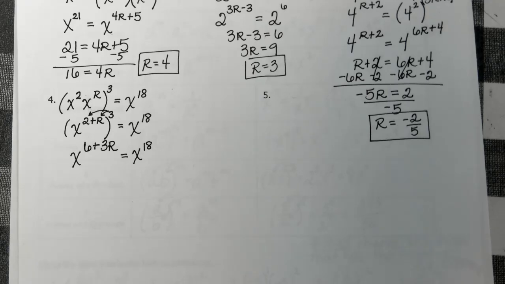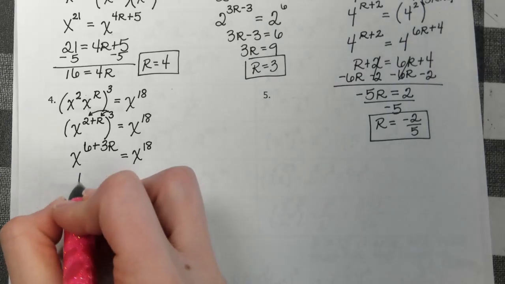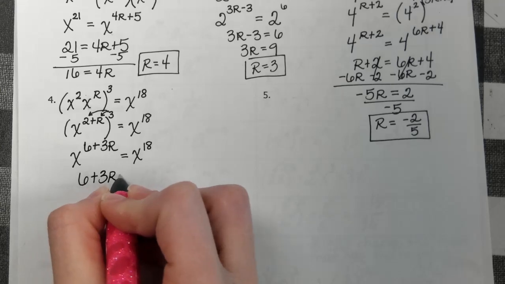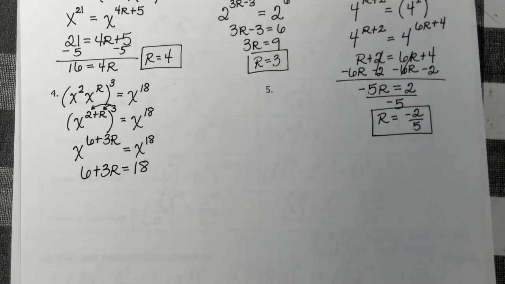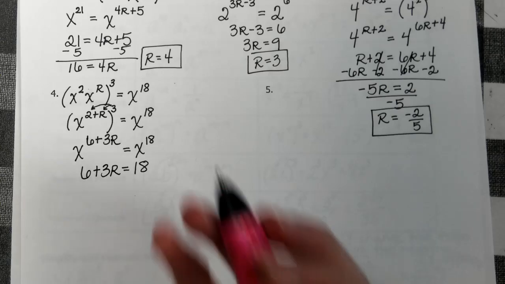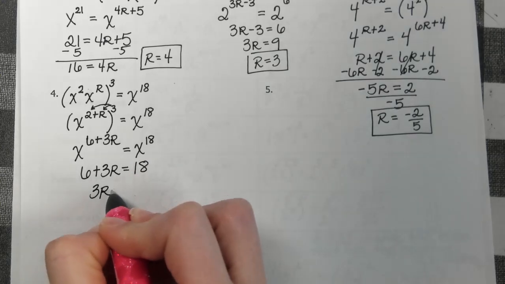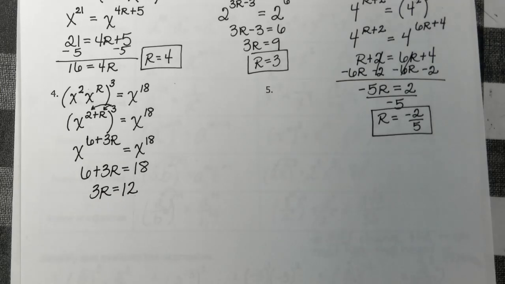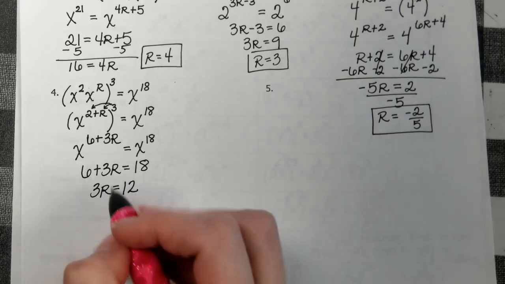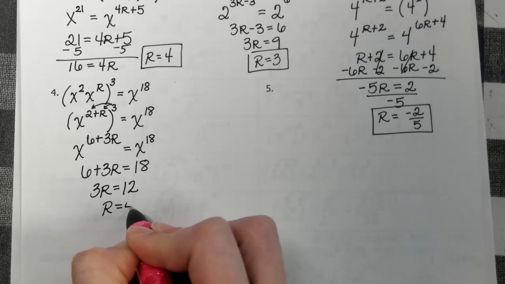Okay, now what do I do? Equals 18. Subtract your 6, and 3r equals 12. Divide by 3, and r equals 4.